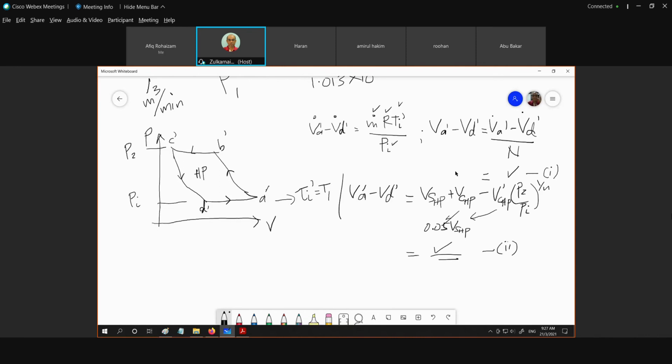Right? And then kita equatekan 1. Ini jadi 3 lah ya. Kita dah ada 1 dan 2 tadi. Ni 3. Ni jadi 4. So 3 equal to 4. Then this solve for your VS HP.